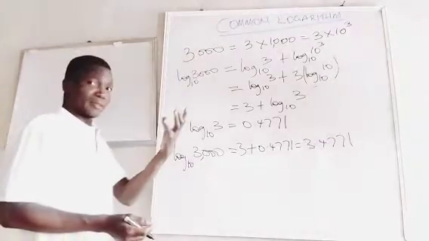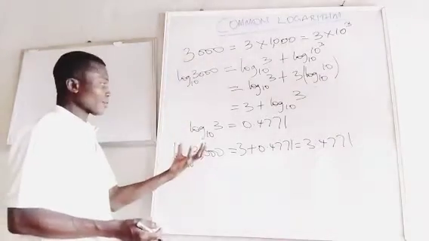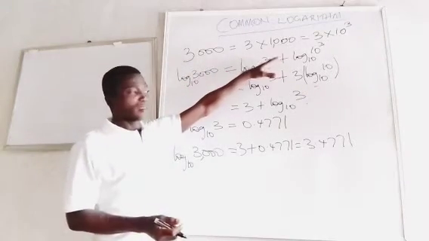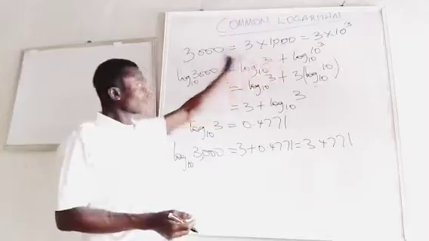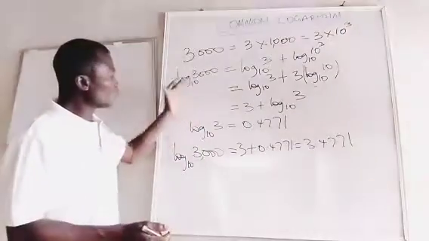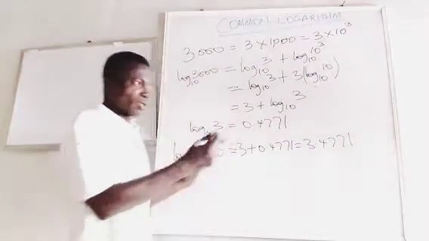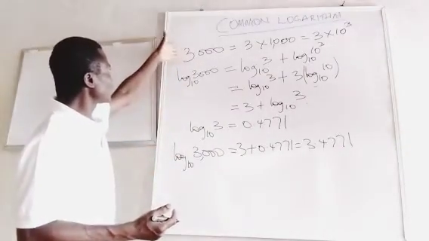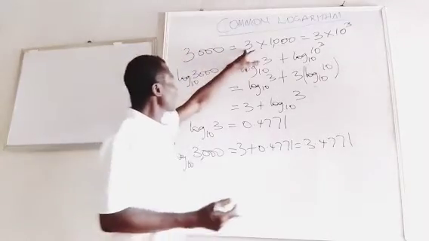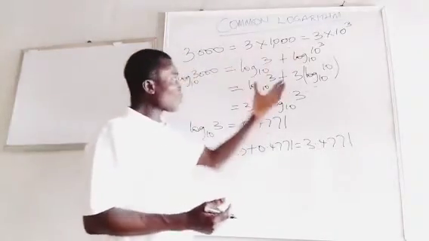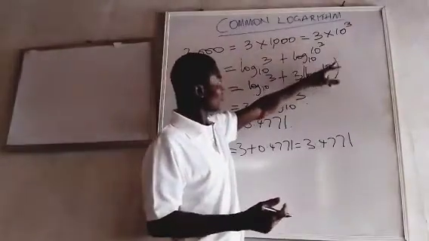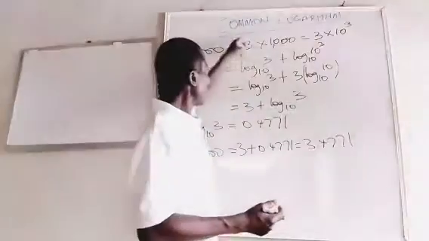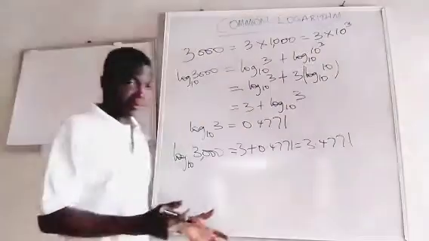If you can perceive it, understand the logarithm that you are going to check from this standard index, you will just get that one from your four-figure table.